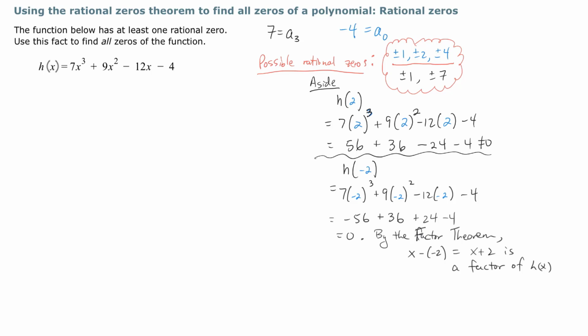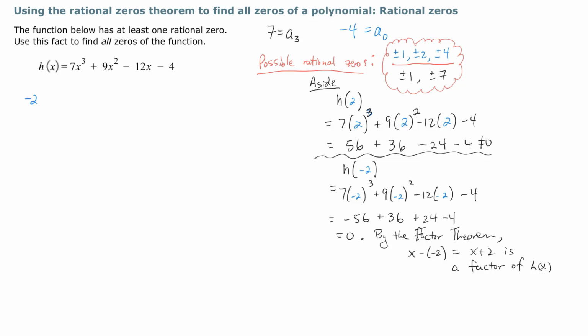That allows me to use synthetic division, because notice x plus 2 is a monic binomial. A monic binomial provides a shortcut called synthetic division to do the long division for h of x. We're going to go ahead and divide by x plus 2 using synthetic division.